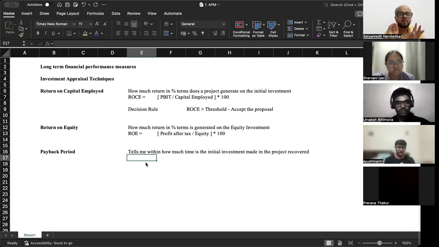I'm sure this information is fed into your Instagram every day, where someone comes on an ad and tells you that when you join the ACCA course, the first job that you get will help you to recover the initial investment made in ACCA within the first 6 months itself.